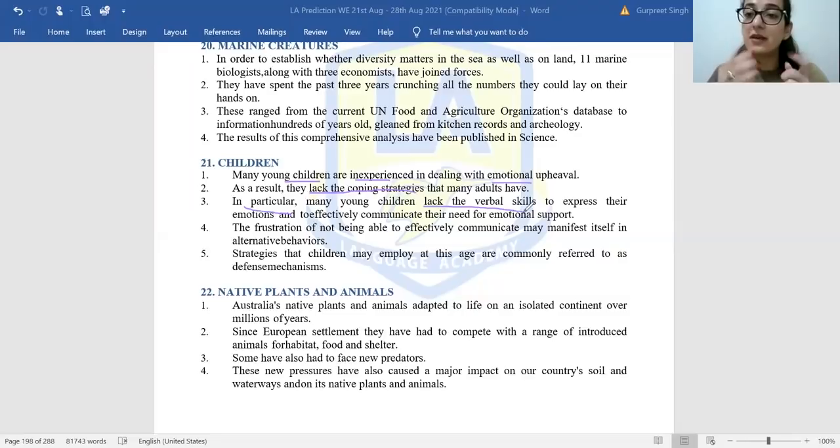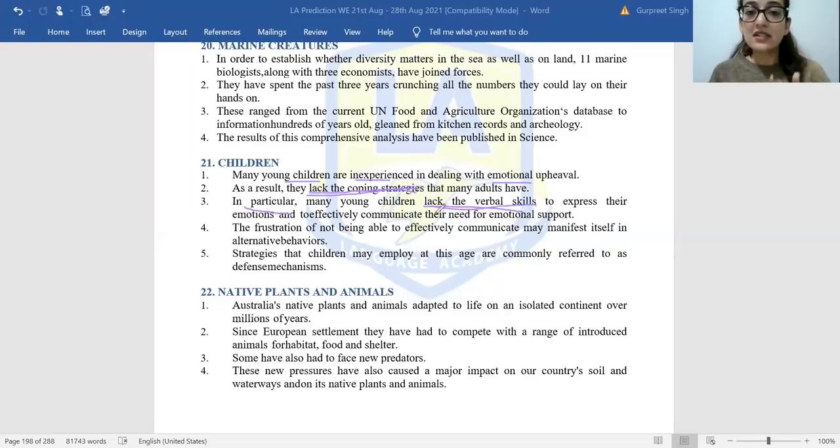And then we have a specification taken out of that sentence. So they lack coping strategies, which can be many strategies. And then we say in particular, out of all those strategies, they lack verbal skills to express their emotions and to effectively communicate their need for emotional support.